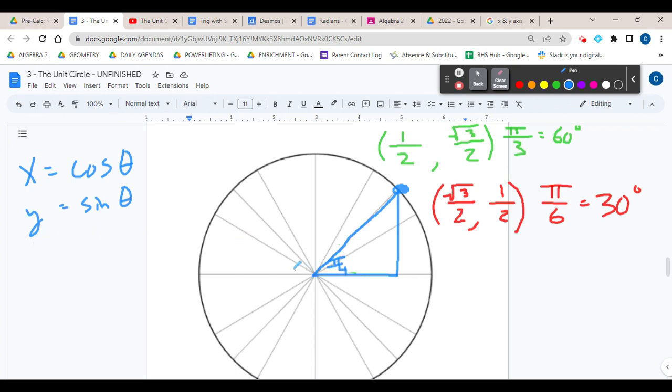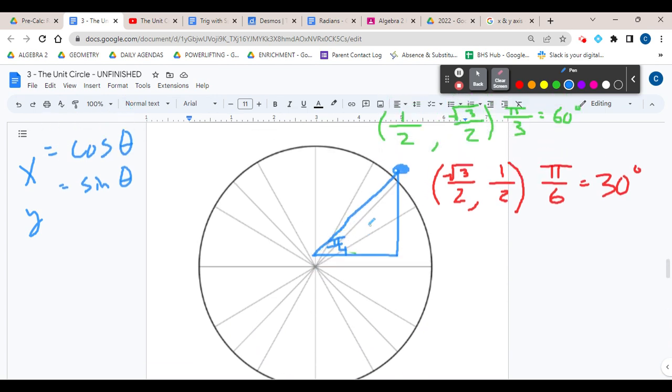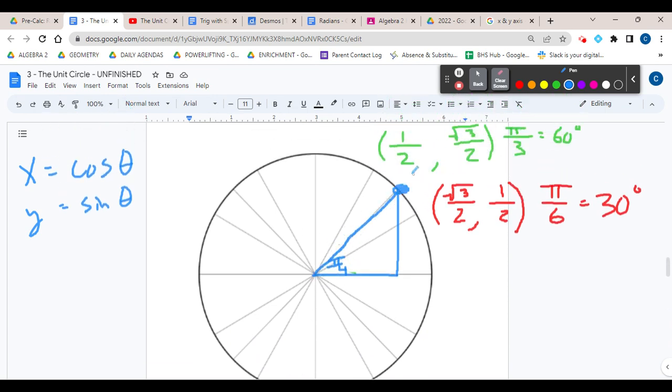So looking at pi over 4, the sine and the cosine are both root 2 over 2. So the coordinates of this point right here are root 2 over 2, comma, root 2 over 2.